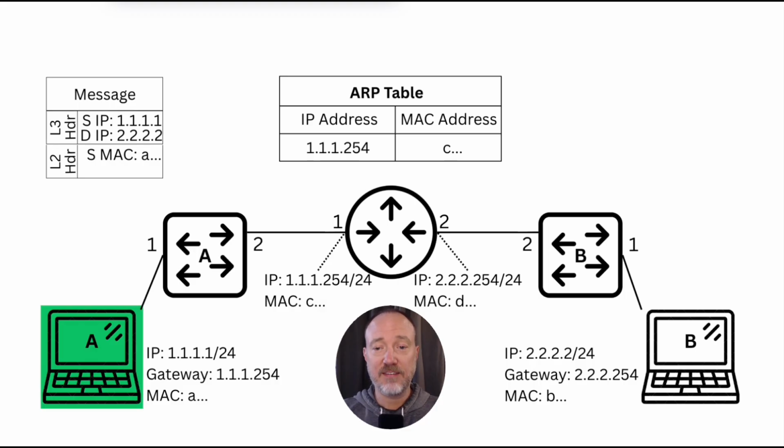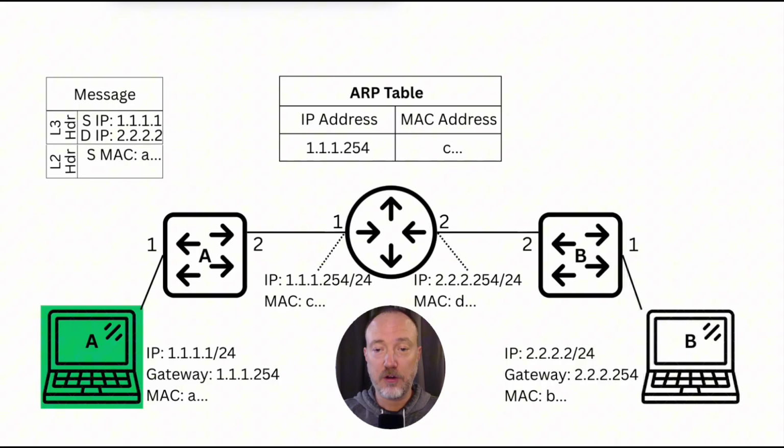PCA has an entry in its ARP table that says IP address 1.1.1.254 is mapped to MAC address C. MAC address C is the MAC address of port 1 on the router. That's also where the 1.1.1.254 IP address exists, so that makes sense with our topology.